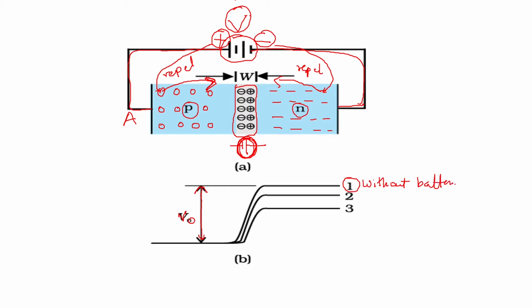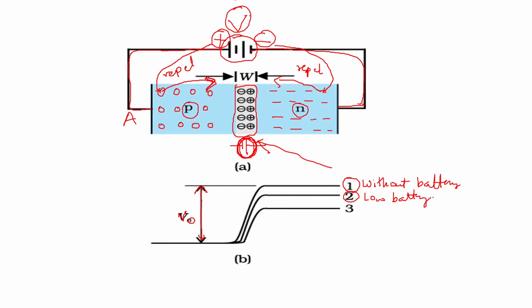Without battery, this electric field which is opposing the forward bias has that height. Then the second one is low battery voltage. If it is low battery voltage, then the opposing voltage will decrease.